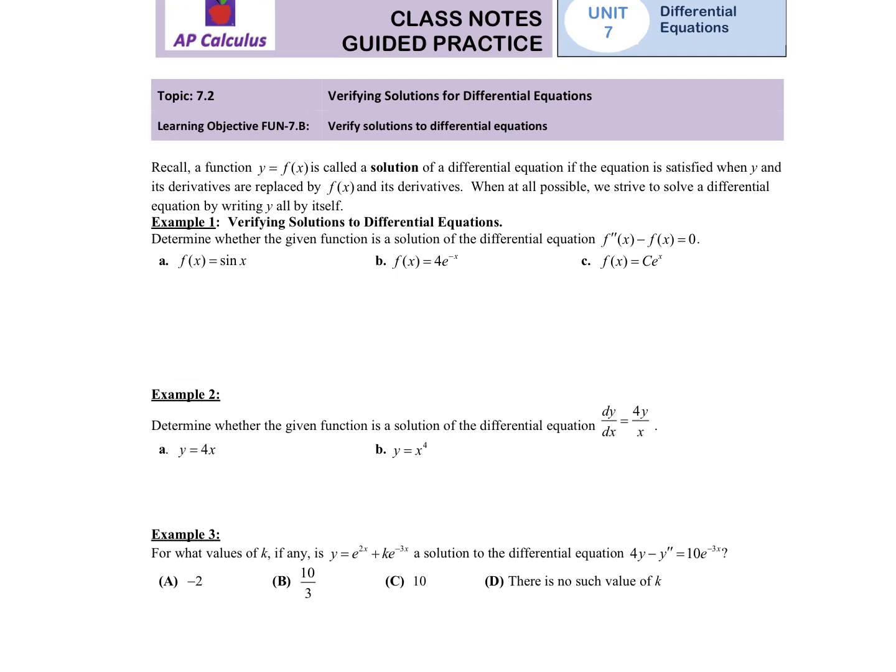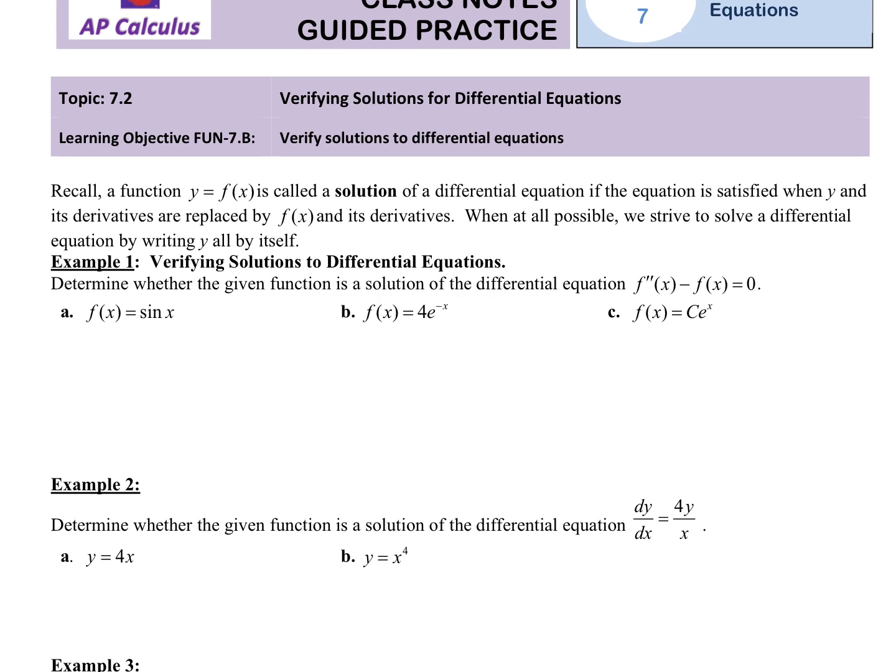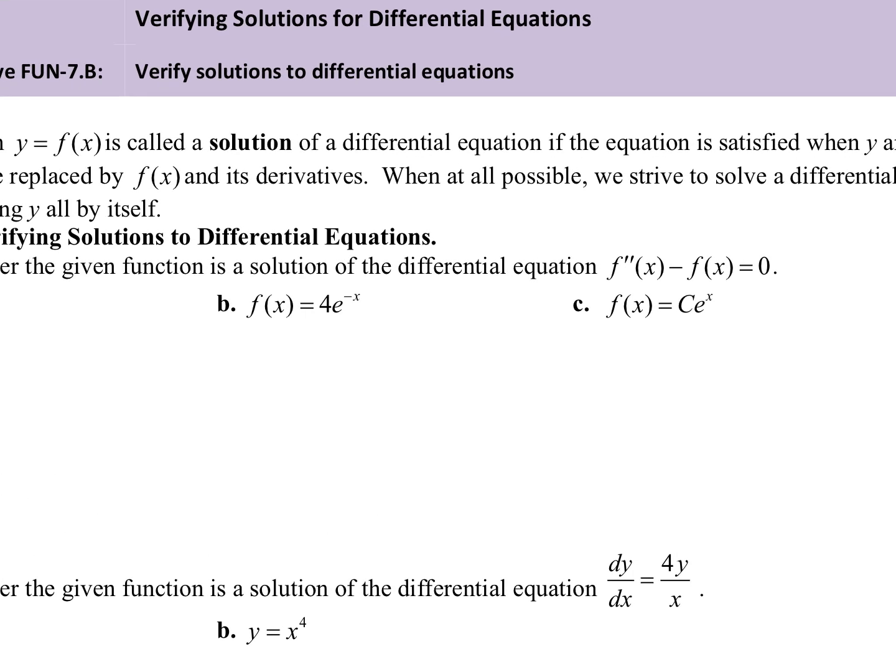All right. So if I zoom in here again, remember a solution to a differential equation is satisfied when your y and derivatives are replaced into the differential function that we're given. Okay? So example 1, we're verifying solutions to the differential equation. Determine whether the given function is a solution to the differential equation f double prime minus f of x is equal to 0.